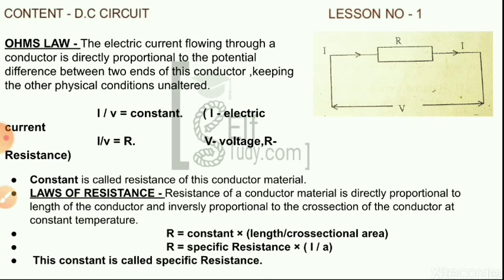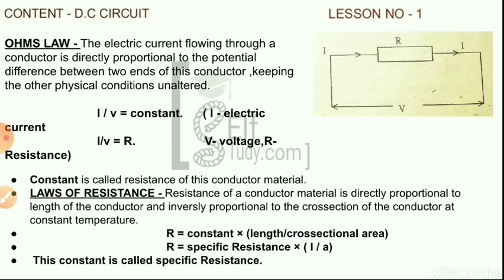Here you can see the picture. There is a R or resistance. Across this resistance we applied a voltage V. For this voltage, the current will flow through the resistance.